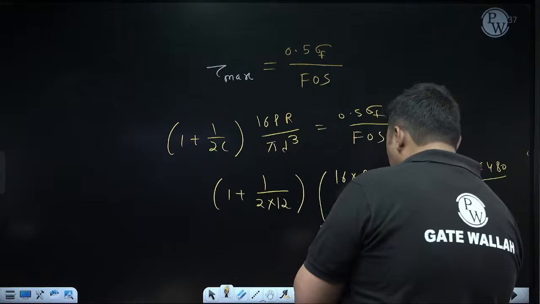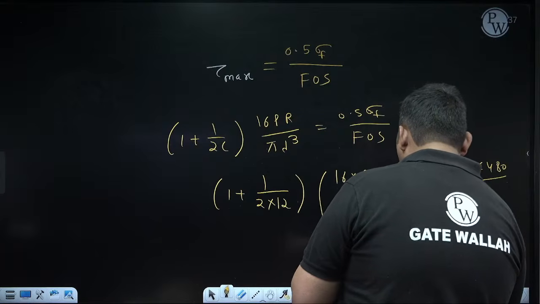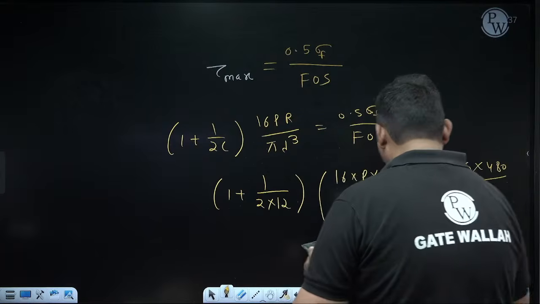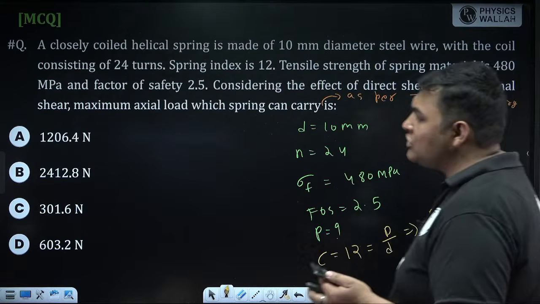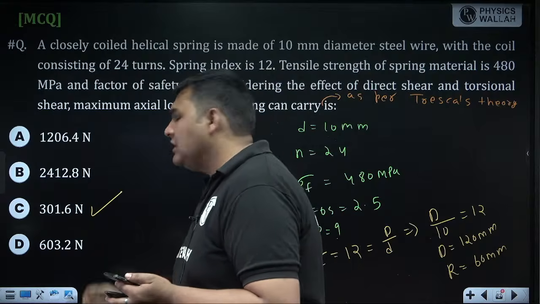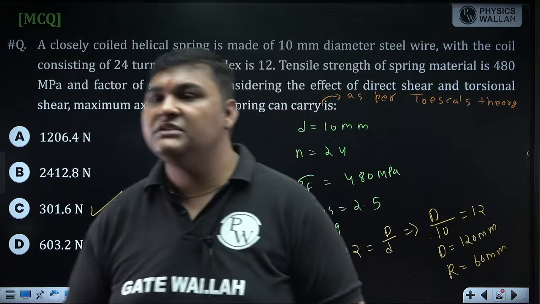Is it coming 301.593 Newton? So nearly it is coming 301.59. See, now which option is near to this? Option C. So for this question the correct answer is C.